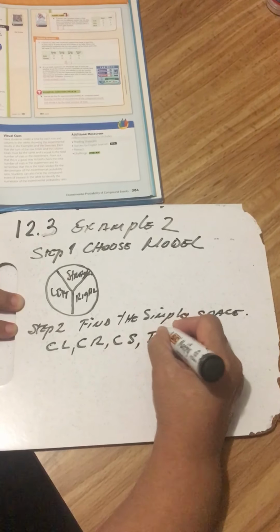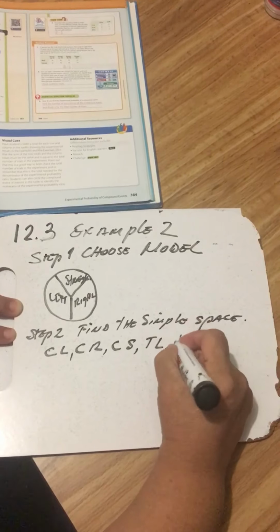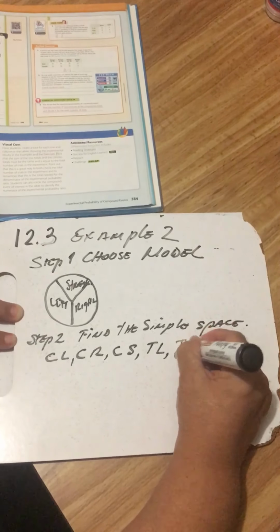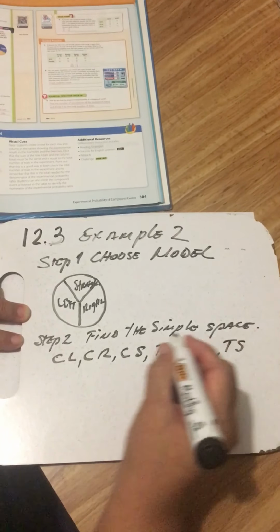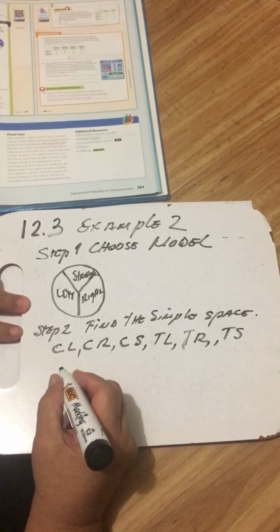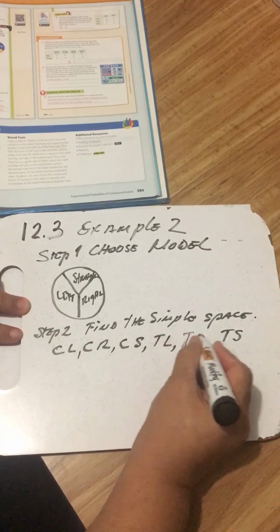There is a truck and left, truck and right, and truck and straight. We have 6 possible outcomes. 2, 3, 4, 5, 6.